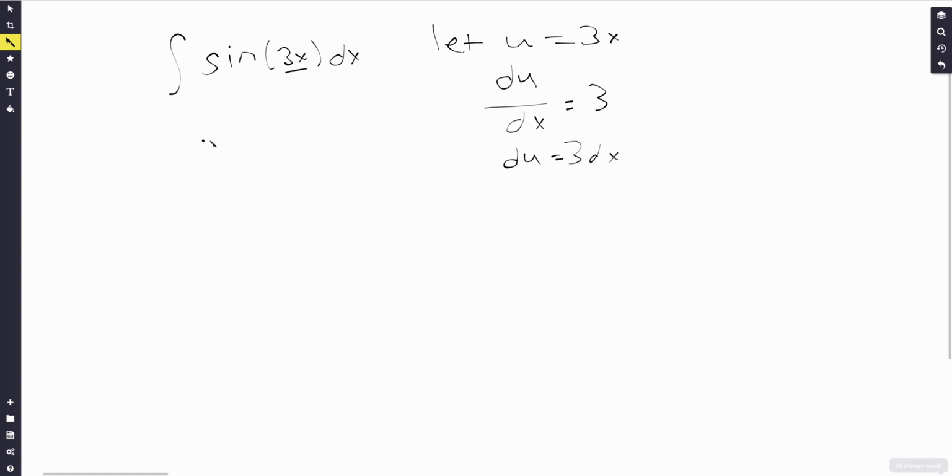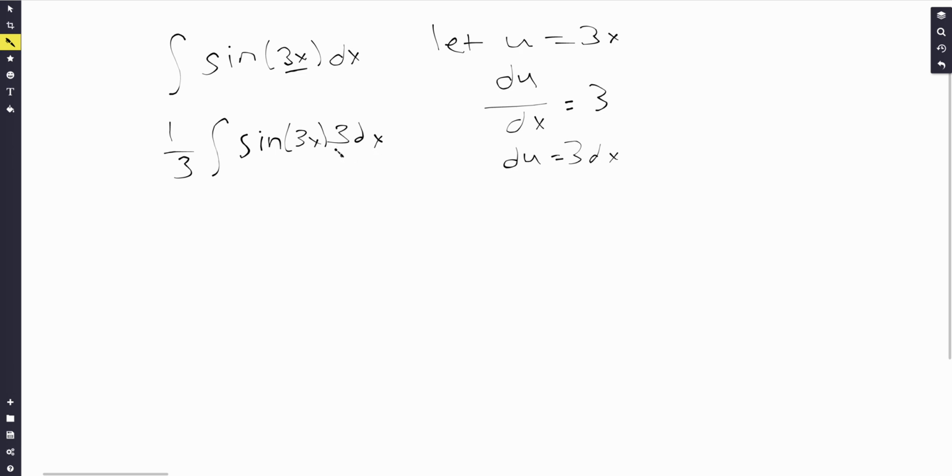So what we can do here now is, we can't just multiply it by a 3 and let it be, because that's messing up the equation. But what we can do is multiply by a 1/3 in the front, so it becomes 1/3 the integral of sine 3x times 3 dx.